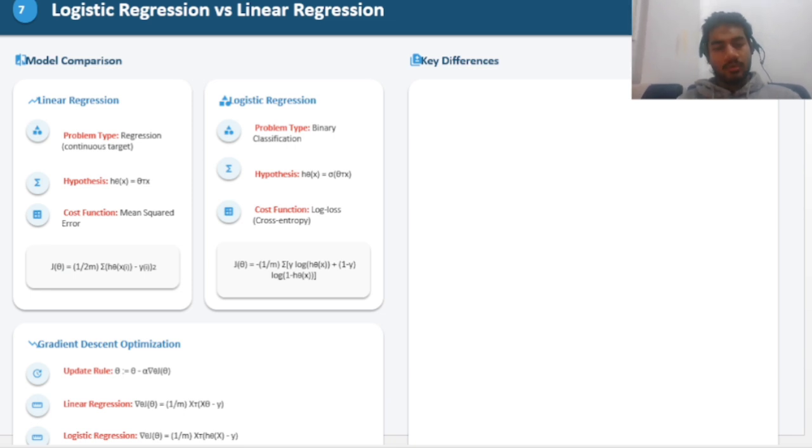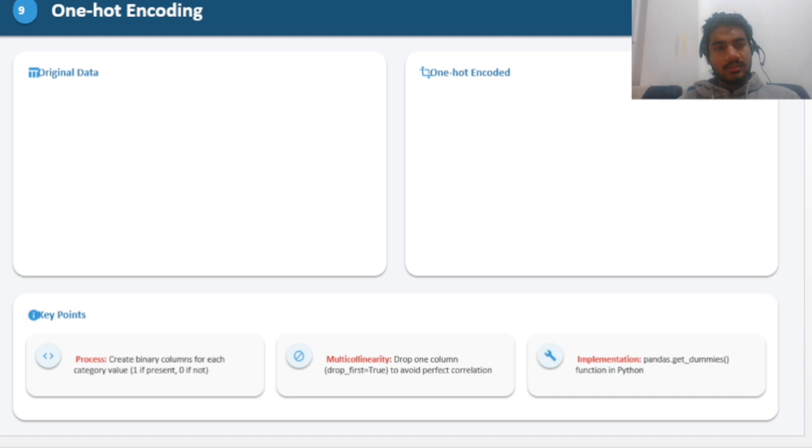Now let's look at our next question, which is question number 9, one hot encoding on the given data set. We have a data set of fruits like apple, mango, orange, but computers don't understand text. So we convert each category into a binary column.